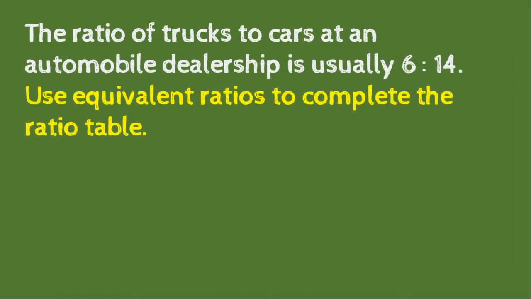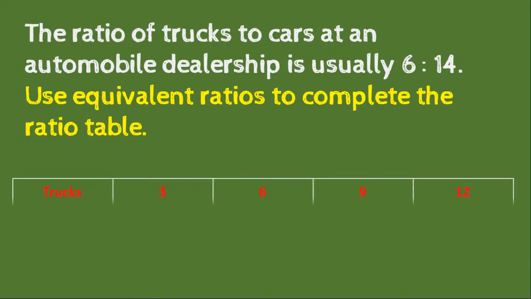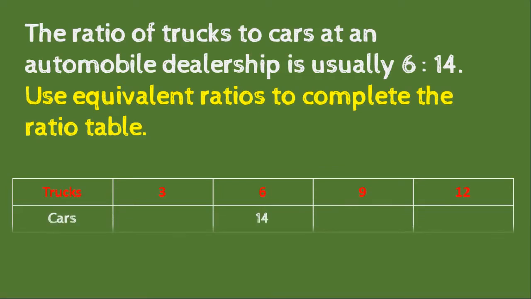In our next example, the ratio of trucks to cars at an automobile dealership is usually 6 to 14. Use equivalent ratios to complete the ratio table. So we have the ratio table. We have trucks at the top, which is 3, 6, 9, and 12. And the only number we have in the original ratio is cars, which is 6 trucks to 14 cars.